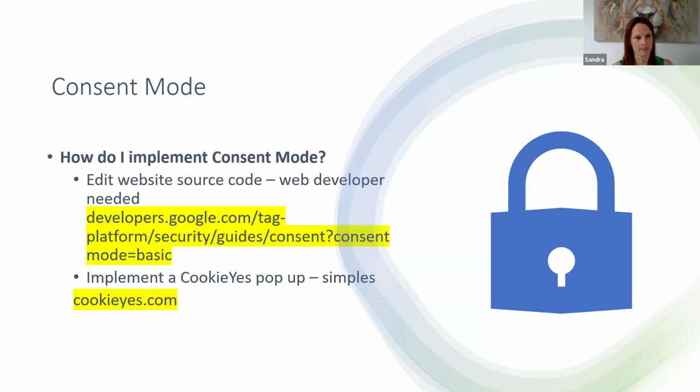How do you implement consent mode? It will need a web developer to make some changes to your existing cookie. There's a link here highlighted in yellow, and that will give them all the information that they need to make the changes. Alternatively, which I think is a fab option, it is to implement a cookie yes pop-up. And a cookie yes is completely free.